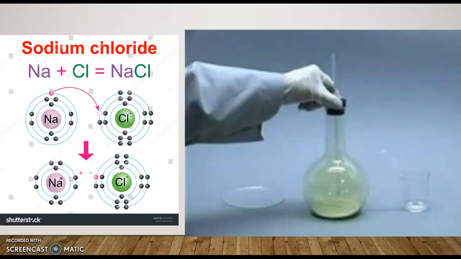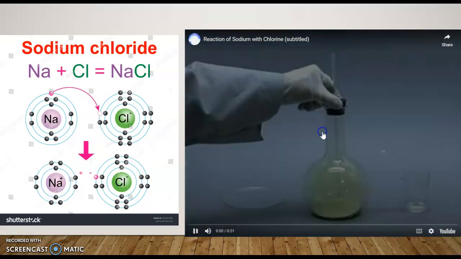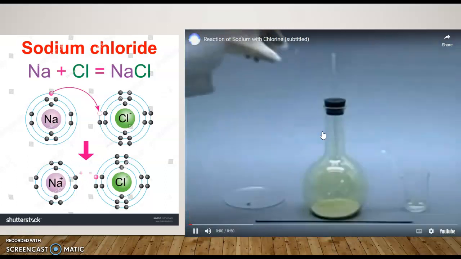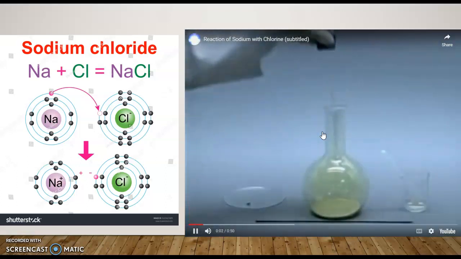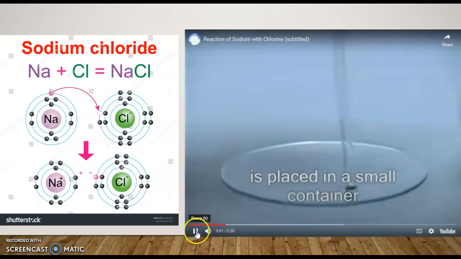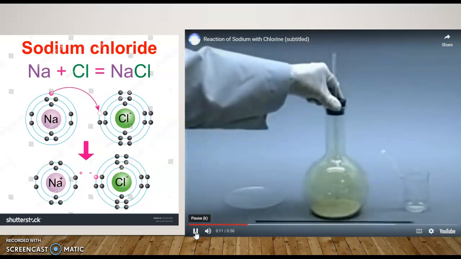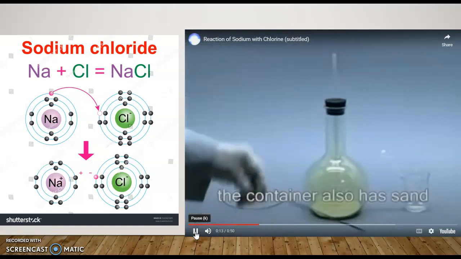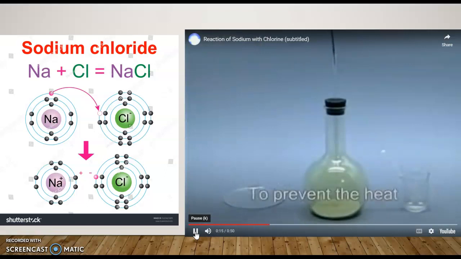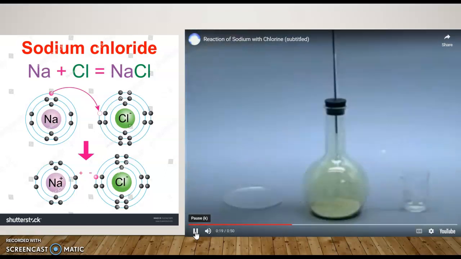So let's watch the formation of these ionic compounds. So we will see this here. A small piece of sodium metal is placed in a flask containing yellow chlorine gas. The flask also contains sand to prevent the heat generated by the reaction from cracking the glass.